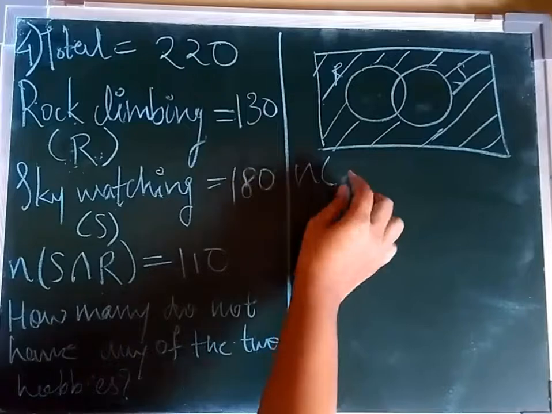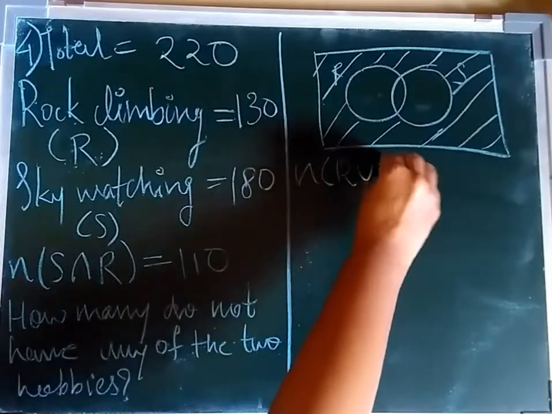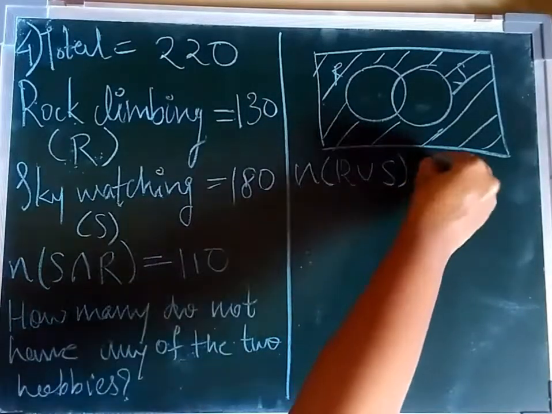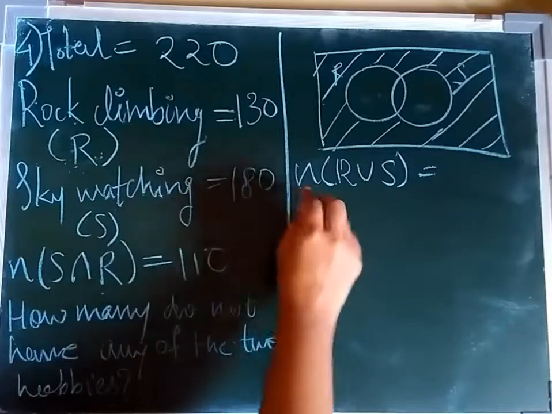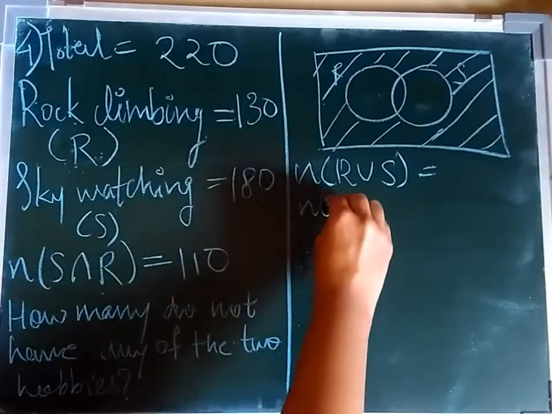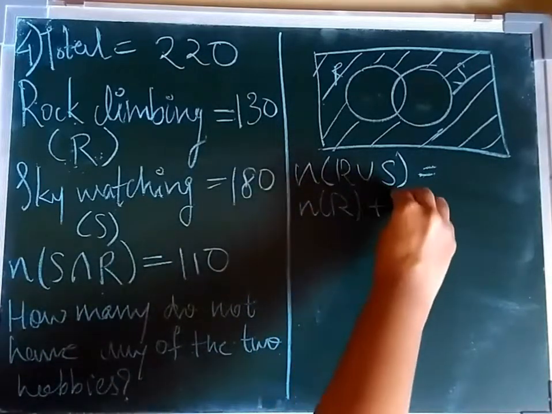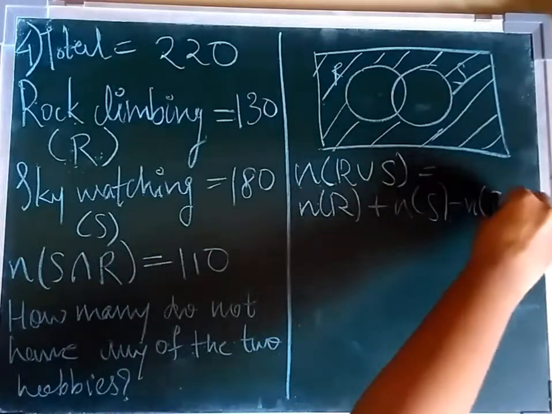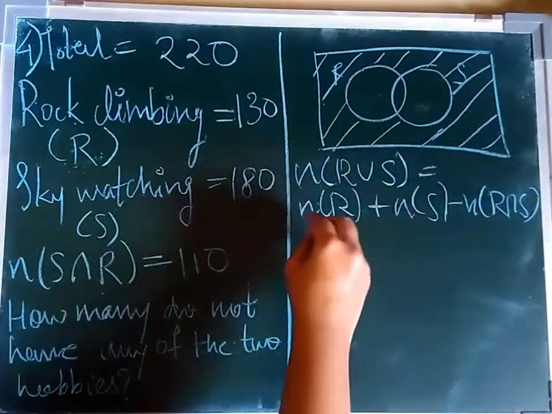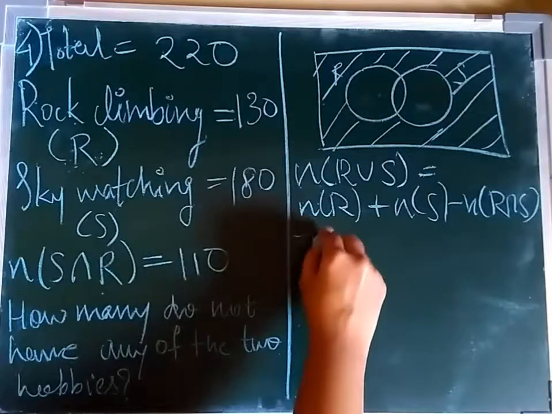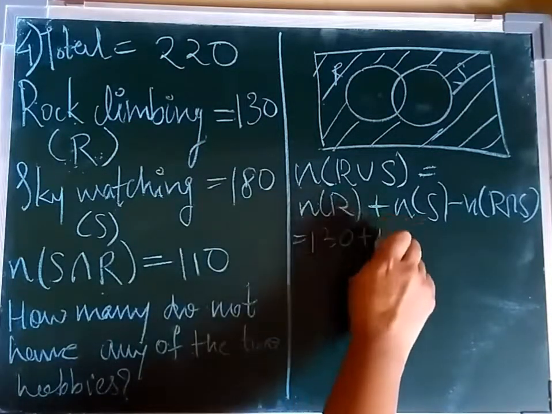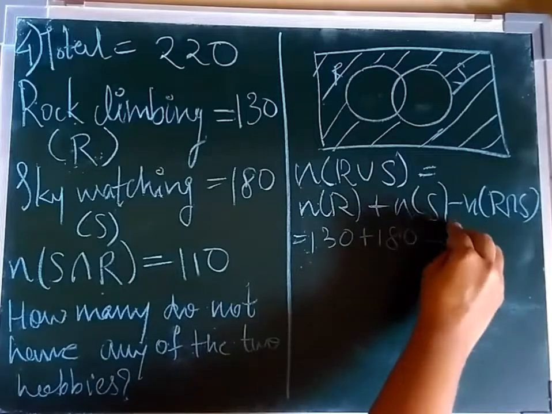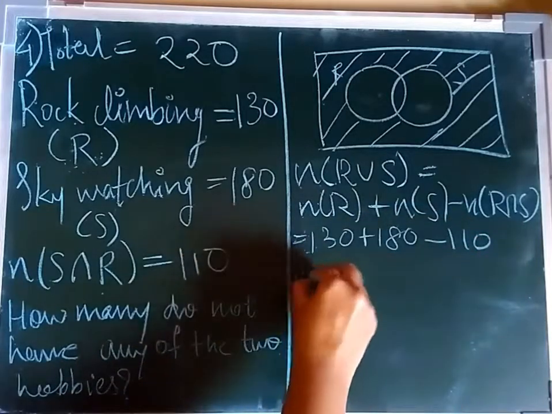So N of R union S is equal to N of R plus N of S minus N of R intersection S, and this is the same as 130 plus 180 minus 110.